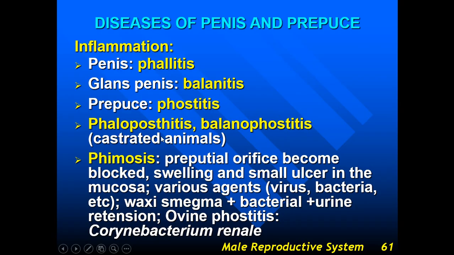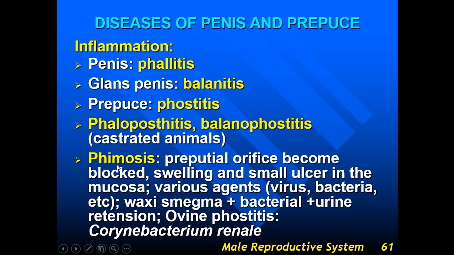Or phallopostitis, inflammation in the penis and glans penis, is also common. A single inflammation, for example only in the penis or only in the glans penis, is very rare. Usually it is a combination between tissues.